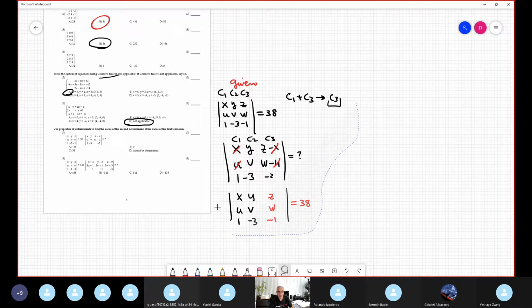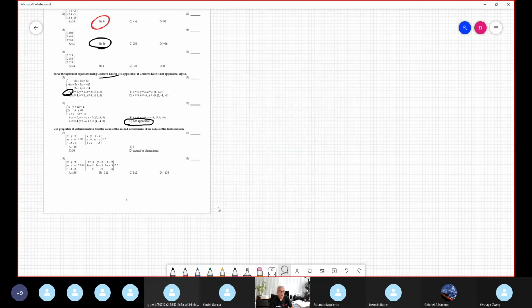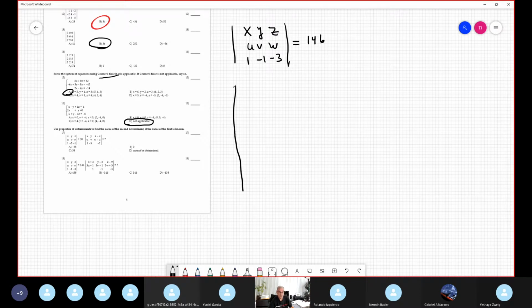Okay. In question 18, it's a little bit more complicated. You have a determinant given: x, y, z, u, v, w, 1, negative 1, negative 3, and somebody says that the answer of this is 146. I need to compute a related case.